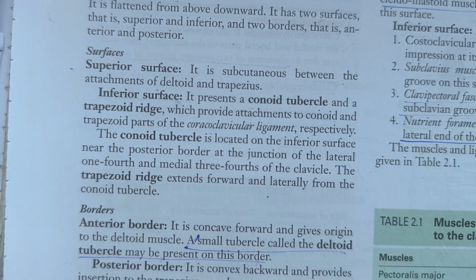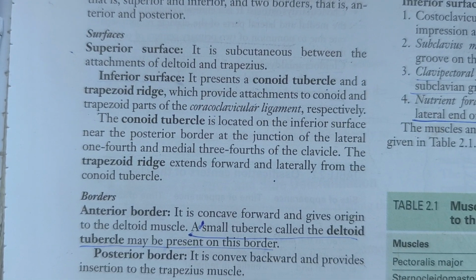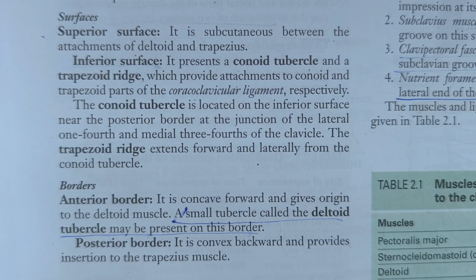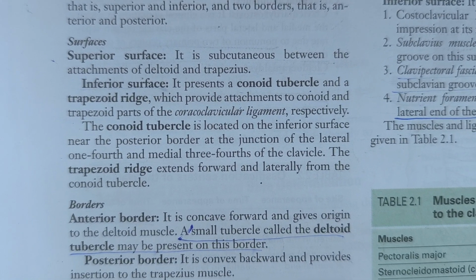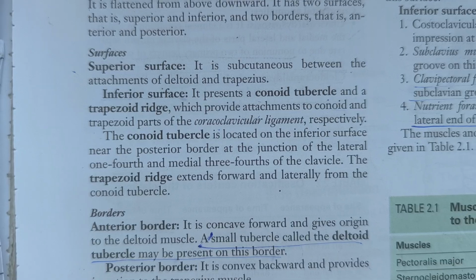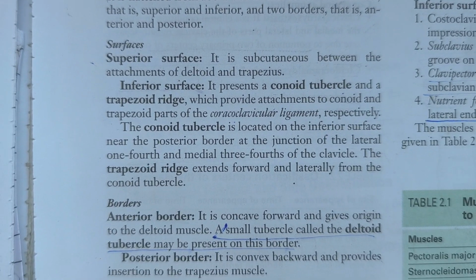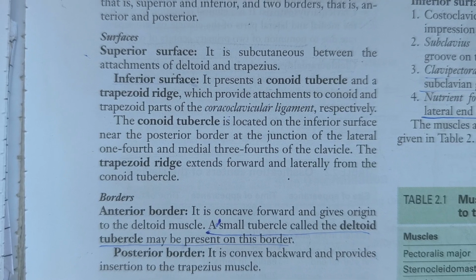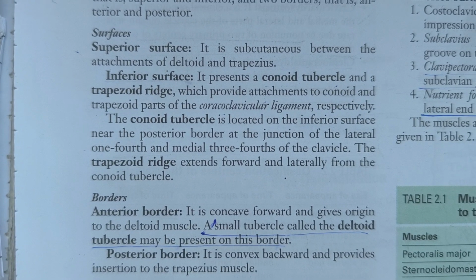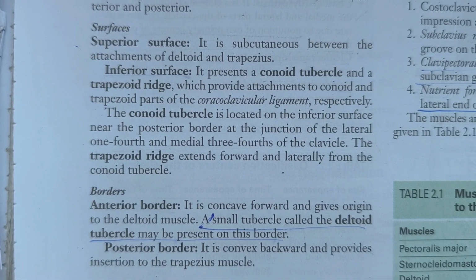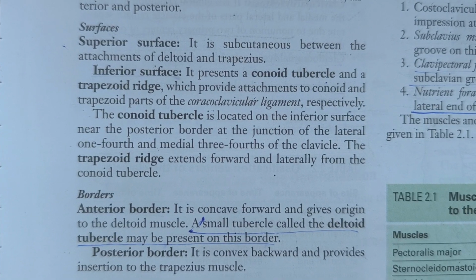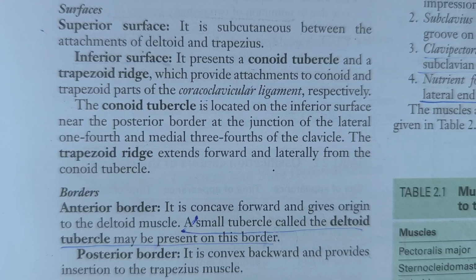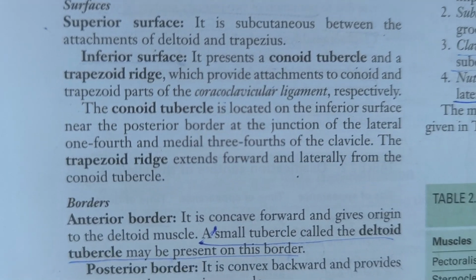Now surfaces. So superior surface is subcutaneous between the attachment of deltoid and trapezius muscles, and the inferior surface presents a conoid tubercle and a trapezoid ridge which provides attachment to conoid and trapezoid parts of coracoclavicular ligament respectively.